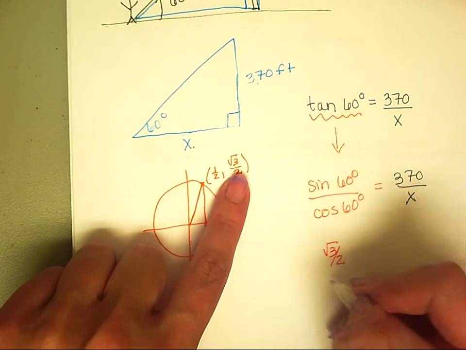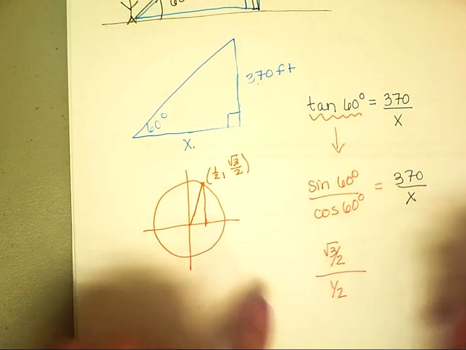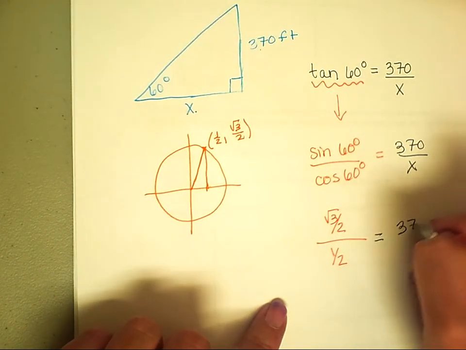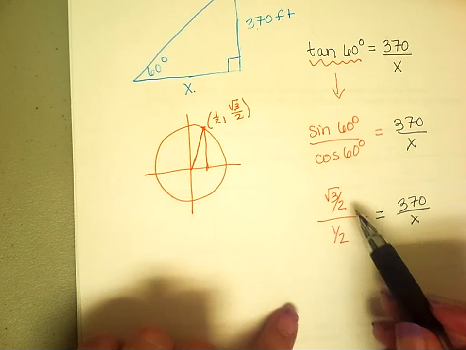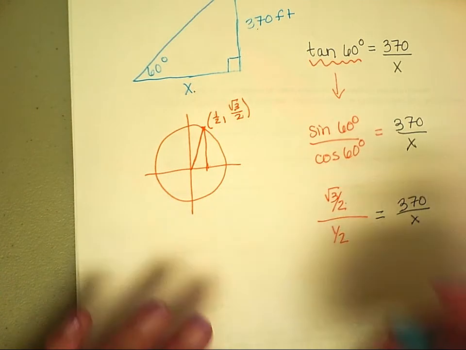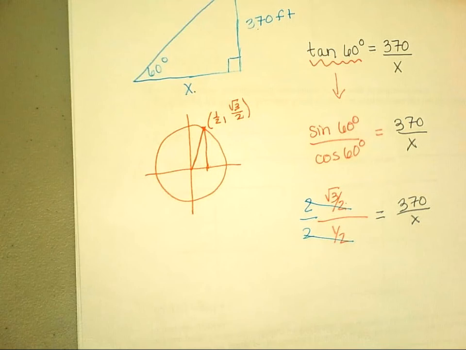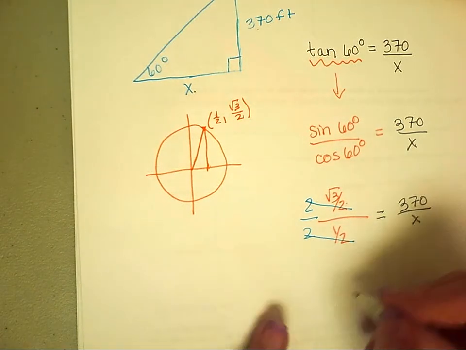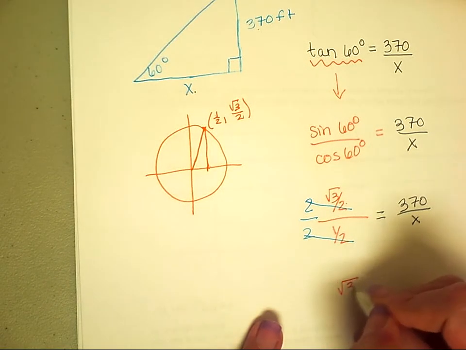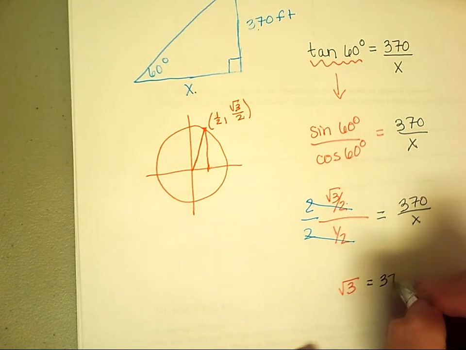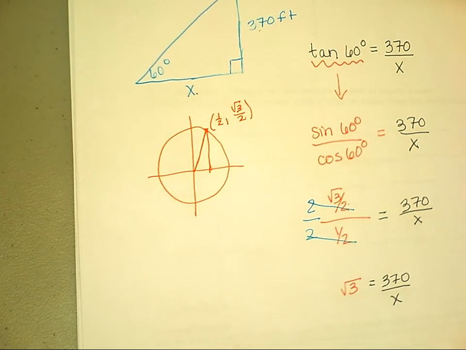So the sine is square root of 3 over 2 divided by 1/2. That's equal to 370 over x. And I could multiply by 2 over 2, then those will cancel and those will cancel. And I would simply have the square root of 3 over 1. So this is really just the square root of 3 is equal to 370 over x.